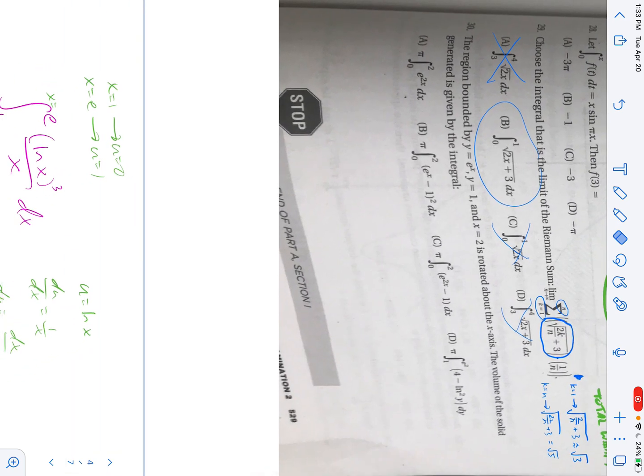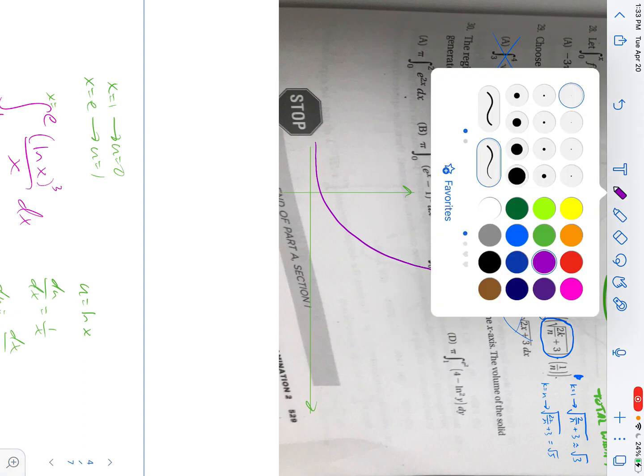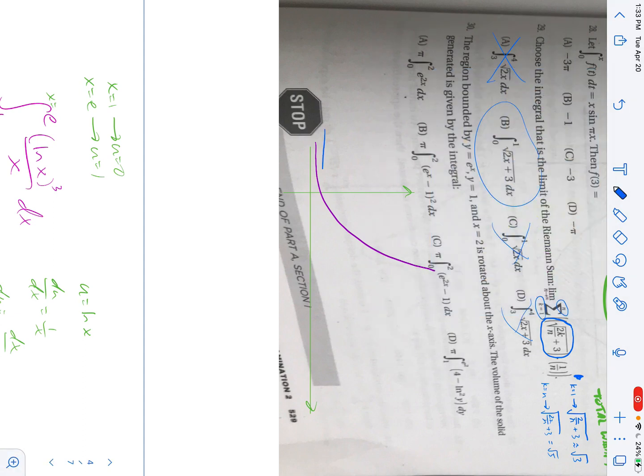In the Barron's book, they're really trying to give you hard problems. So I'm going to change my scale here. So y equals e to the x, something like so. Y equals 1, so that's actually where this y-intercept is at 0, 1.